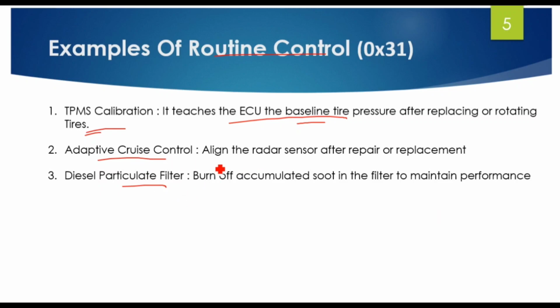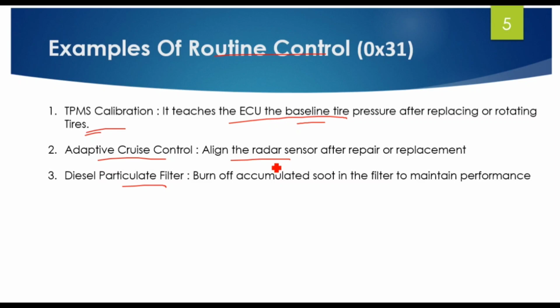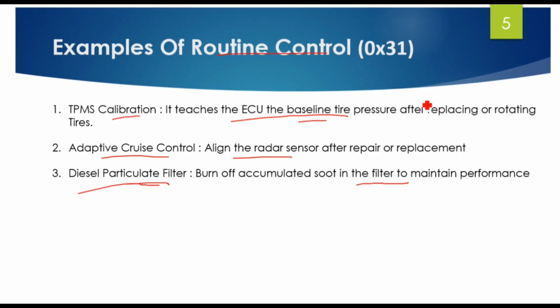And for adaptive cruise control, this aligns the radar sensor after repair or replacement. Okay, so the routine ensures the radar is correctly aligned with the vehicle's center line or not. And for DPF, it burns off accumulated soot in the filter to maintain performance. The ECU increases exhaust temperature to burn the soot during the routine. So these are the basic examples of routine control.